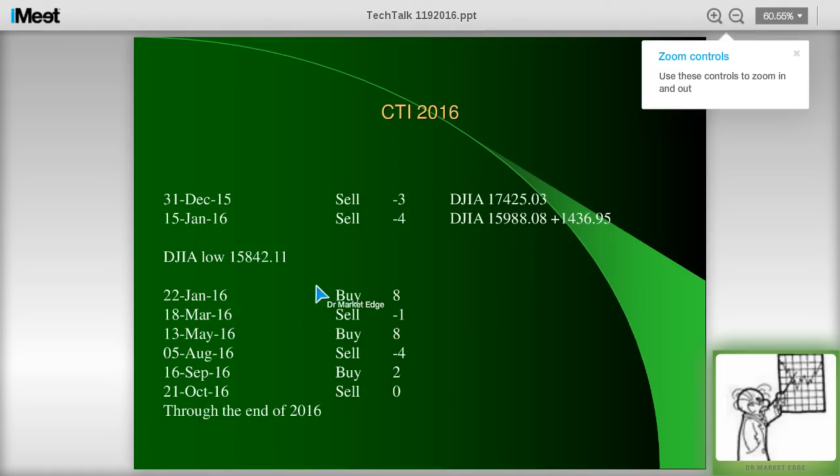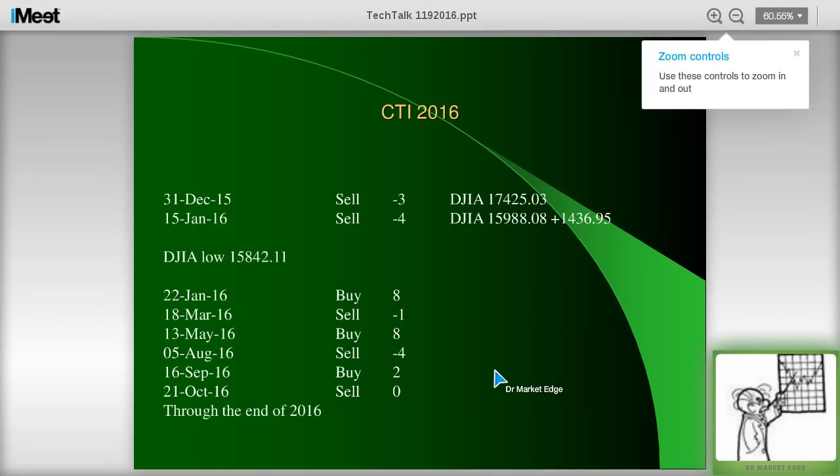Now here's what we're looking at in the 16. If this does hold, then we'll go to a buy into March, and we stay on a sell into May, stay on a buy during the summer, then we go to a sell again in the fall, kind of like we did this year, and then October 16th, October 21st we go into a sell for the end of the year.